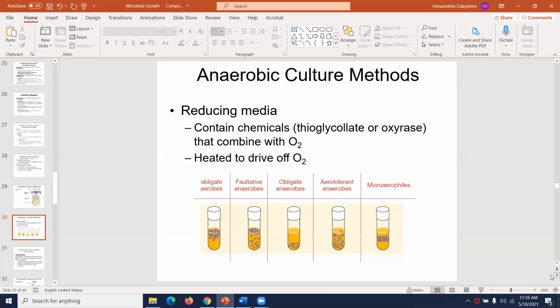As soon as the oxygen dissolves in the liquid, the reducing agent absorbs it and gets it out of the way. Then the medium becomes free of oxygen, so anaerobes can grow. That's another way, by using a reducing medium.